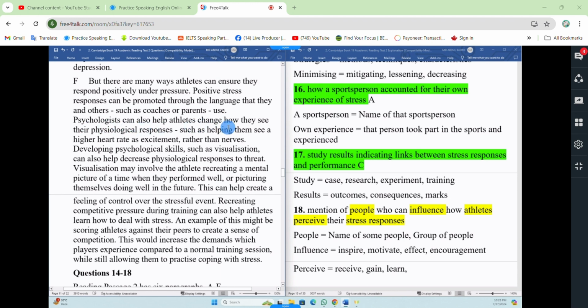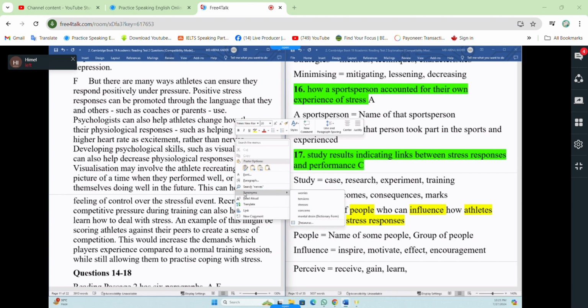Psychologists can also help athletes change how they see their physiological responses, such as helping them see a higher heart rate as excitement rather than nerves.